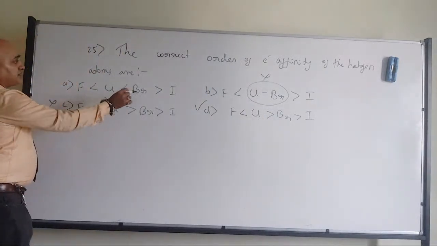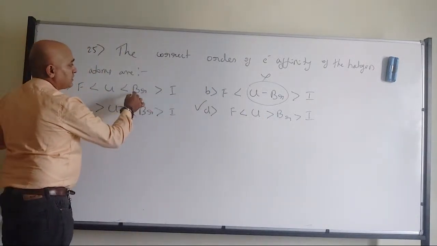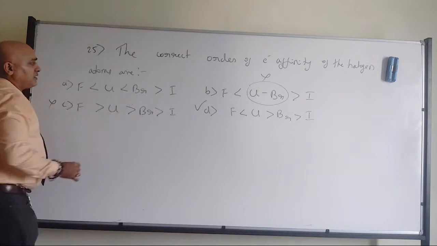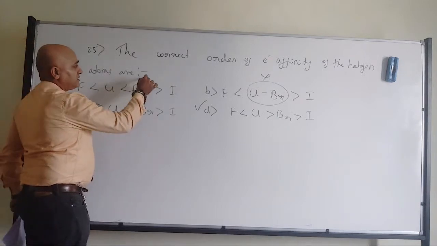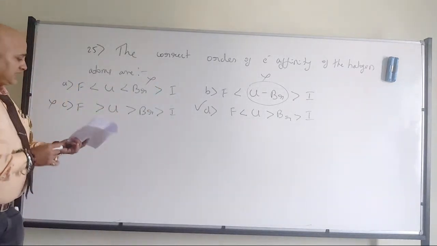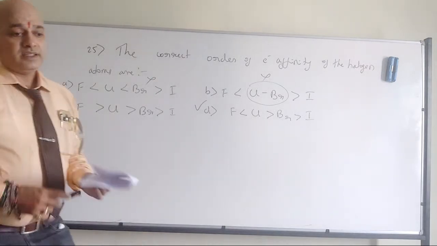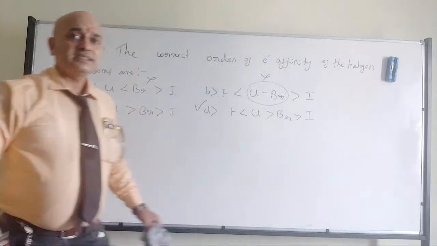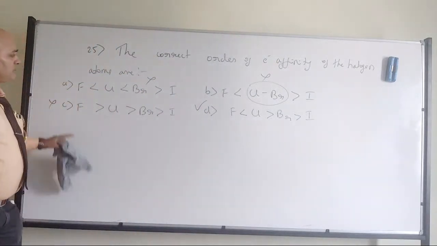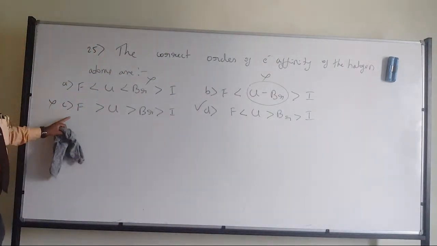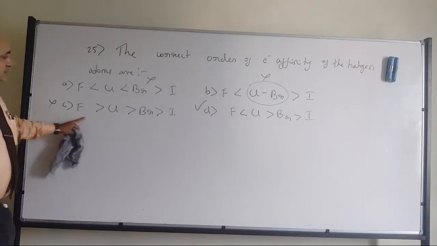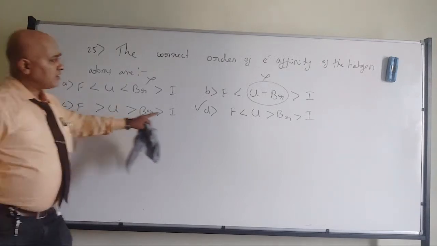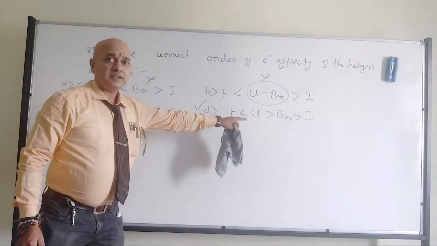Here they have written bromine greater than chlorine, so it is also wrong. Normally, electron affinity means we consider electron gaining. If going with electronegativity, yes, this is the regular arrangement. But for electron gaining, chlorine will dominate.